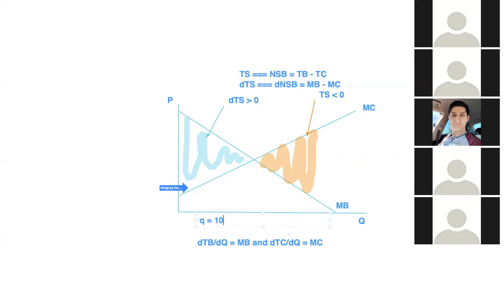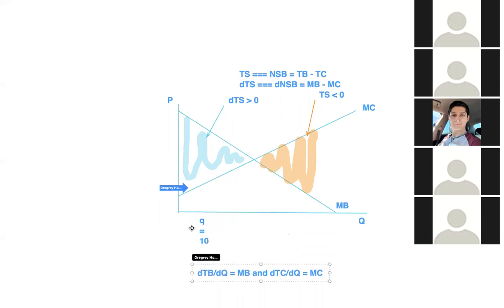Q is equal to 10. I'll try to label it on the diagram for us. Suppose that point right there is Q equals 10. So for this 10th unit, what's the gain from trade? How would I identify that?